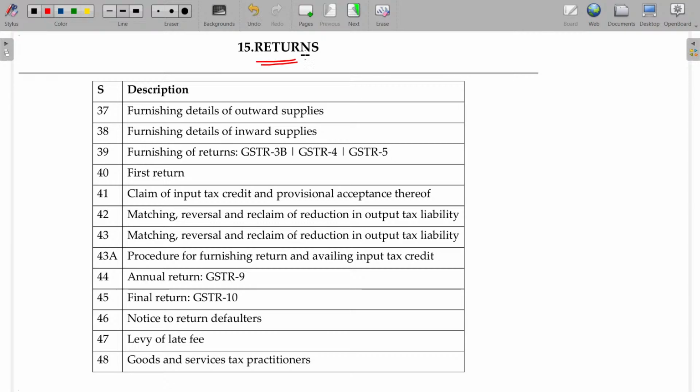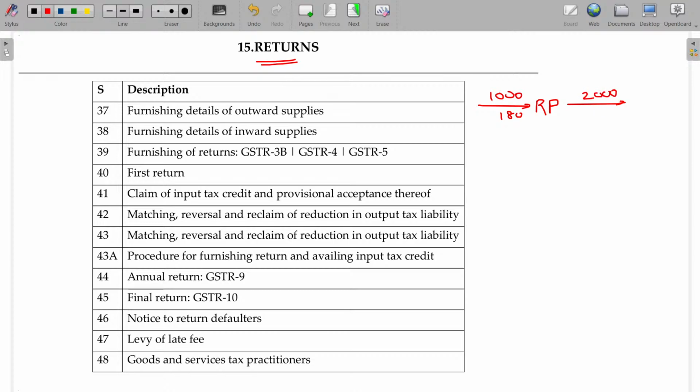Now, filing of returns. If you are a registered person, what returns should be filed? You purchase and you sell. Purchase 1000 by paying GST 180.